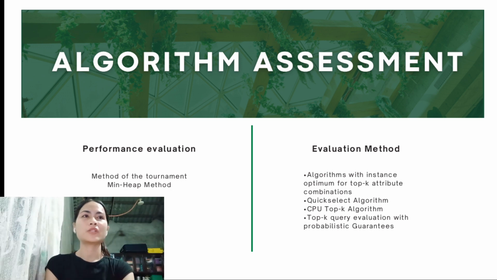So, in the evaluation method, there are four methods. So, first one is algorithms with instant optimum for the top k attribute combinations. So, the goal of traditional top k algorithms, such as TA and NRA, is to identify the top k items, like restaurants, by combining overall scores from several qualities, like price and location.